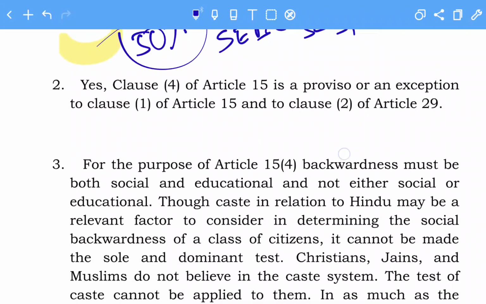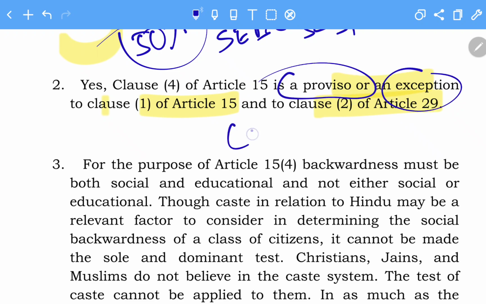On the second issue before the court, whether it is an exception to Article 15 Clause 1 and Clause 2 of the Constitution. In this case, the court has said that it is a proviso and an exception to Clause 1 of Article 15.